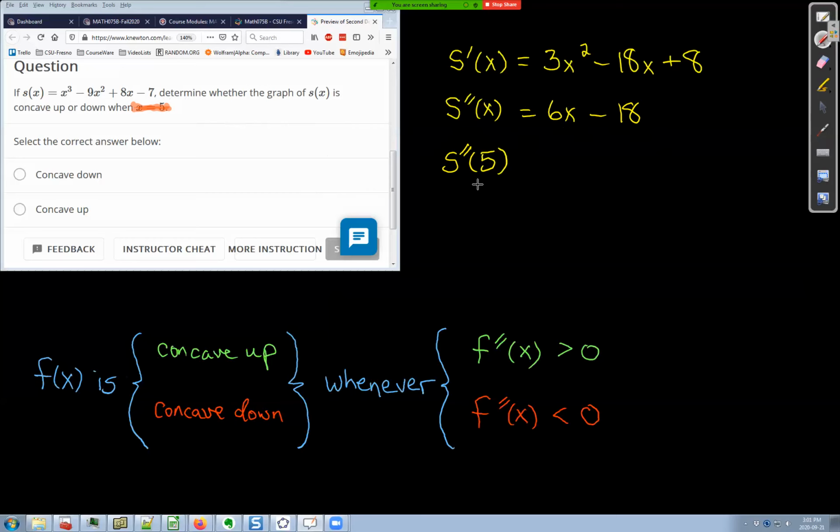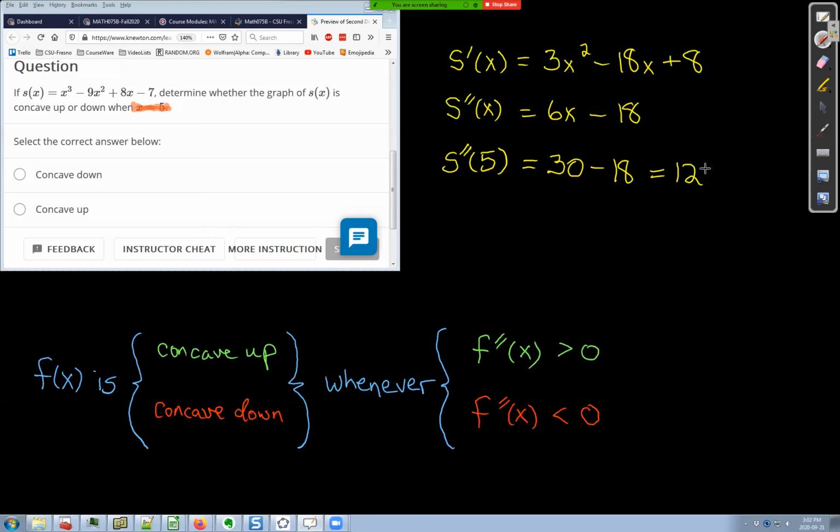Again, I'm putting the 5 into the second derivative, not into the original function, because it's the second derivative that's giving me the information. So s double prime of 5 is equal to 30 minus 18, which is equal to 12.